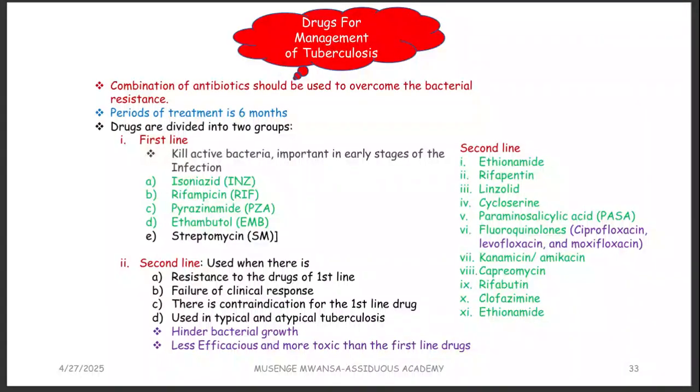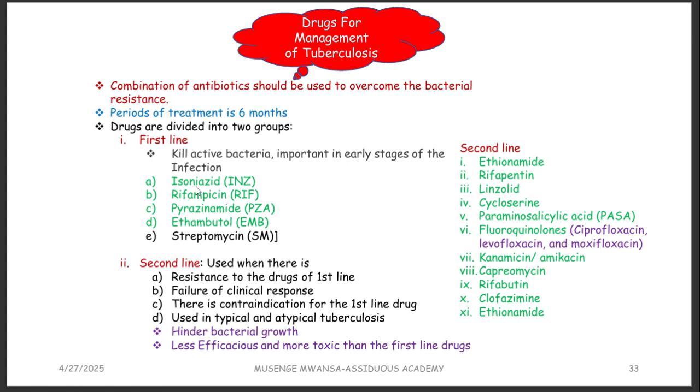And how do you treat TB in conclusion? You treat it for 6 months. There are first line drugs and second line drugs. The first line drugs kill the bacteria. They are bactericidal.